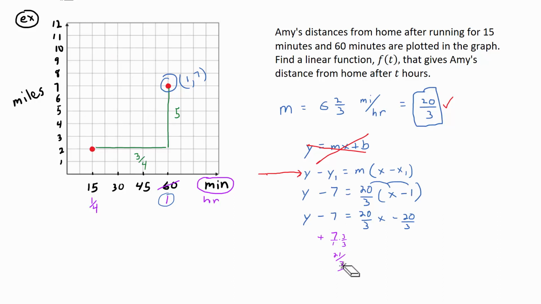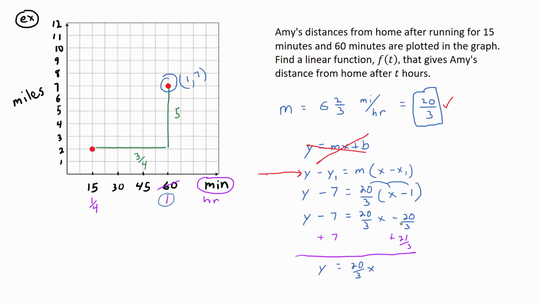Wait, let me clean that up a little bit. Otherwise, we were showing probably a little too much. So on this side, I'll just call it 7. On this side, I'm adding 7 in the form of 21/3. And if we do that addition, we get just y by itself on the left side, 20 thirds times x, and then remember what you do.